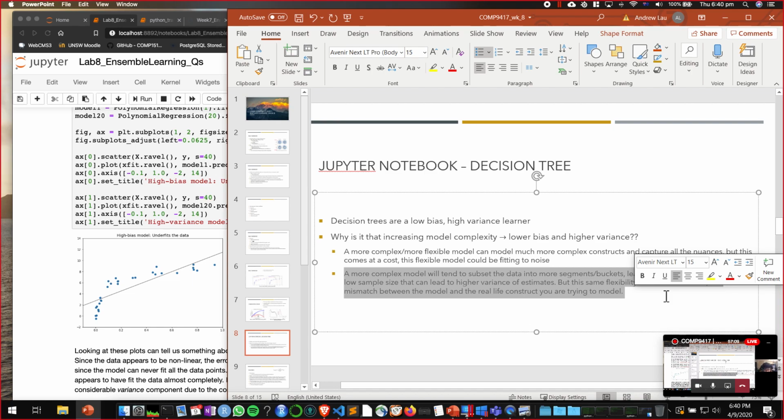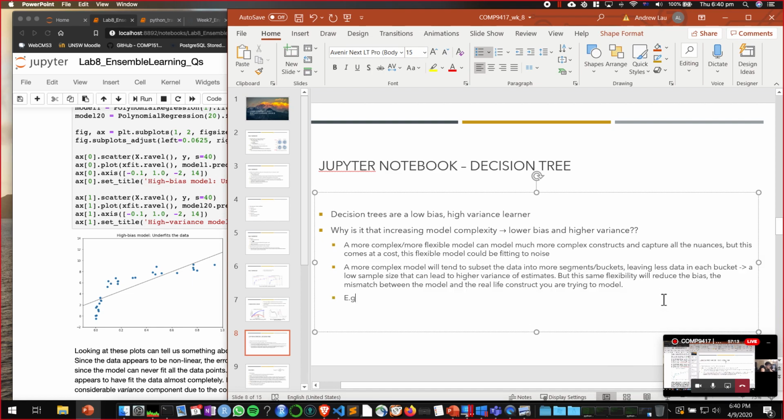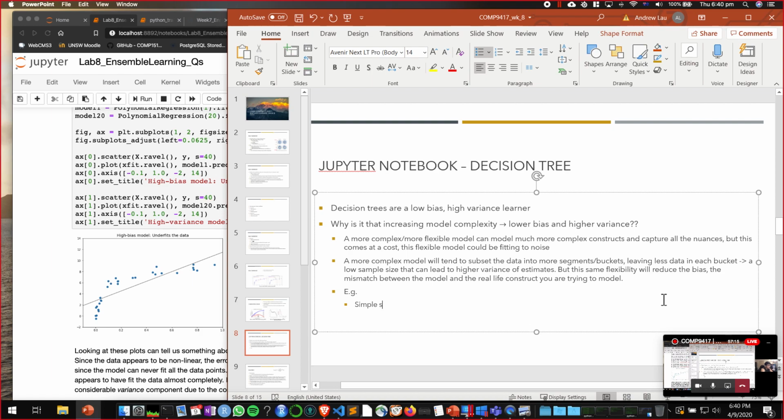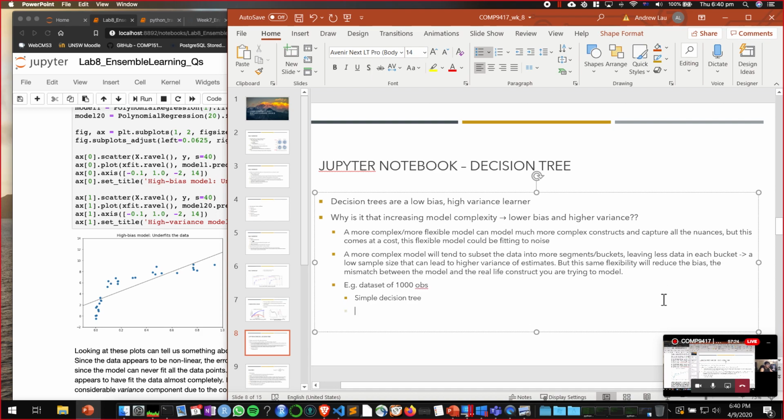So let's show you an example. Let's say you have a data set of 1,000 observations. A simple decision tree, maybe there's 5 leaf nodes.